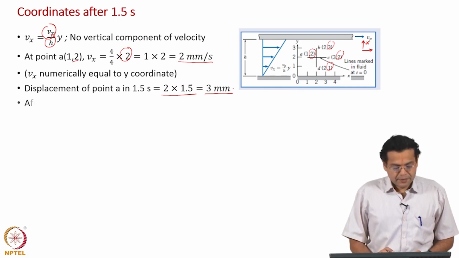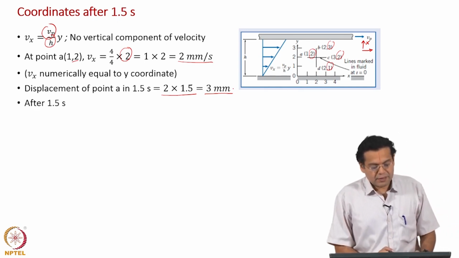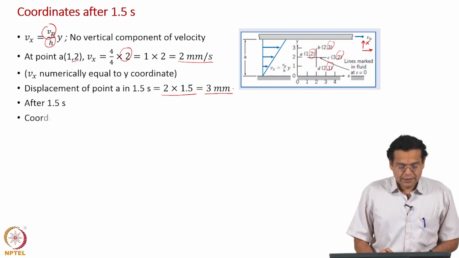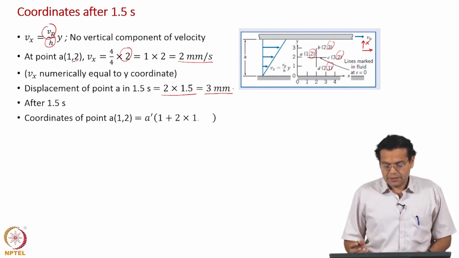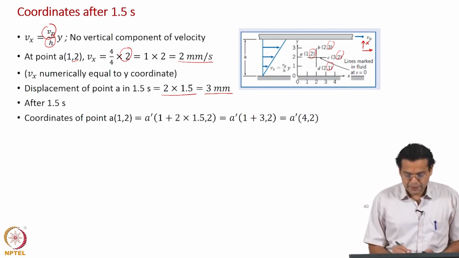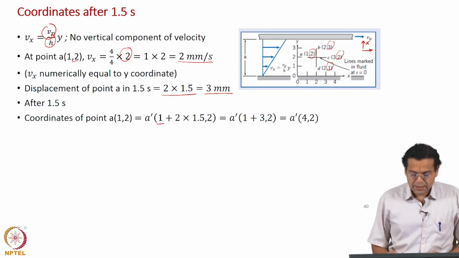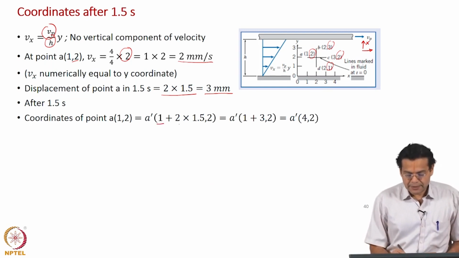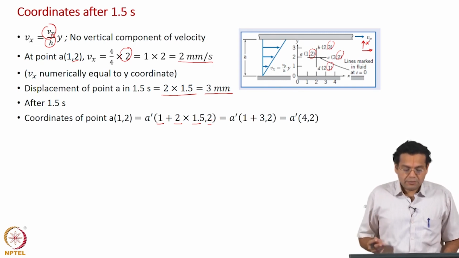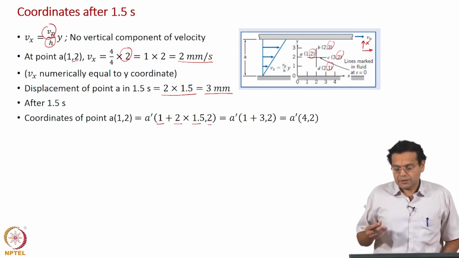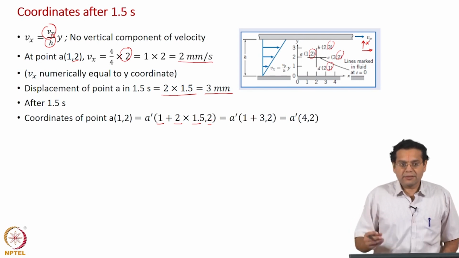After 1.5 seconds, what are the coordinates of point A, which we call A dash? How do you calculate it? The original x coordinate plus the displacement, which is the velocity into the time interval. Remember there is no change in y coordinate; only if there is a vertical velocity component along the y direction would that change, but we do not have that.